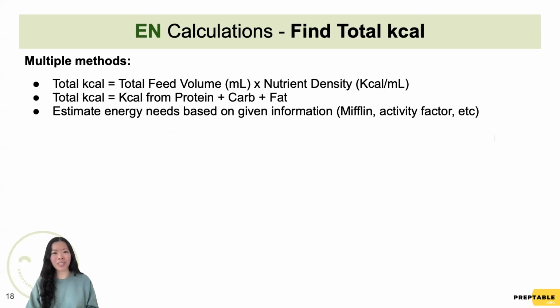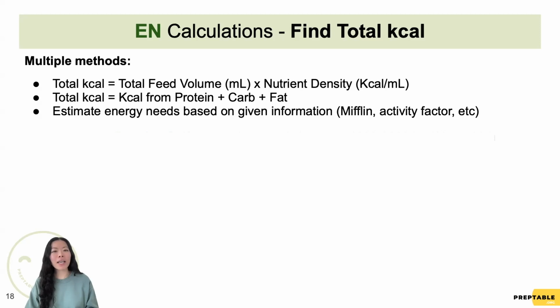For example, Jevity 1.5 has 1.5 kcal per milliliter. Nutren 2.0 has 2 kcal per milliliter. You can then use the nutrient density times the feed volume to find your total kcal.